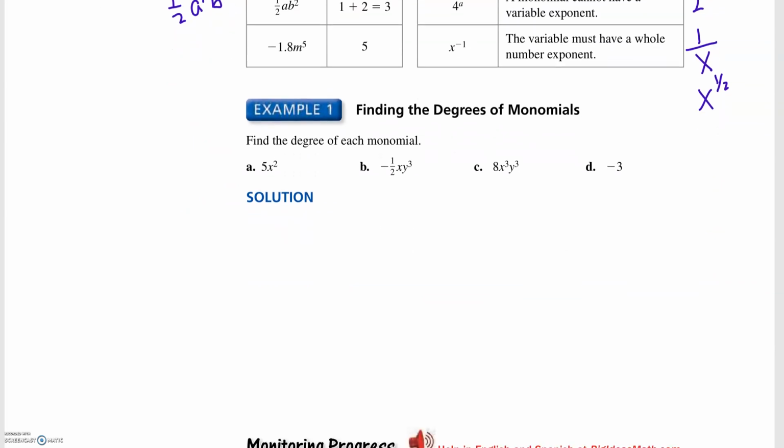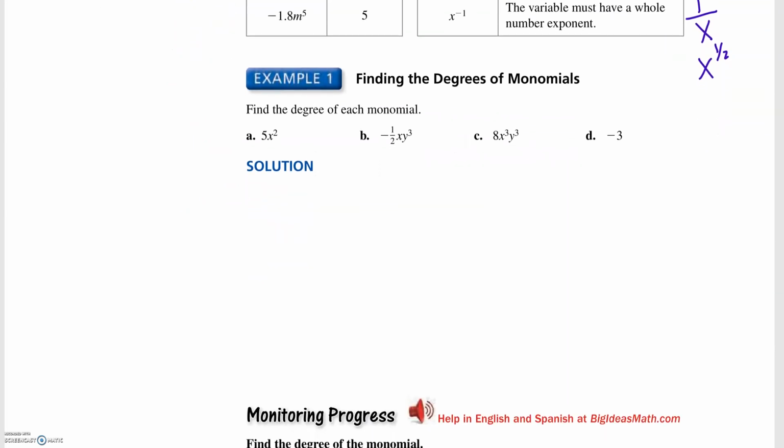All right, we're going to do a couple of examples. We're going to find the degree of each of these. For this one, it is a monomial. The degree is 2. For part B, because that's a first power and a third power, 1 plus 3 is 4.